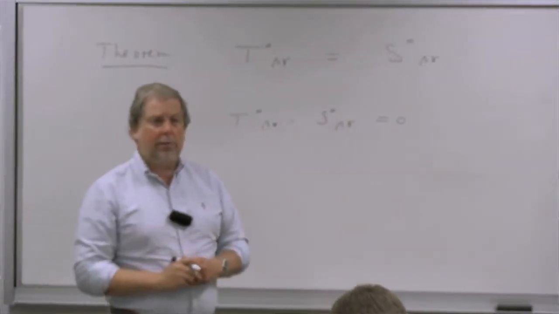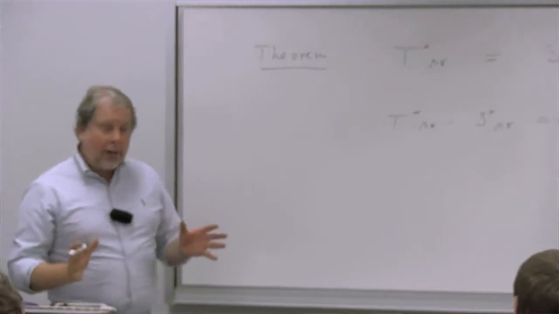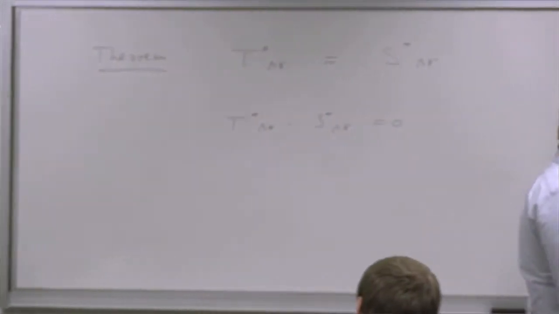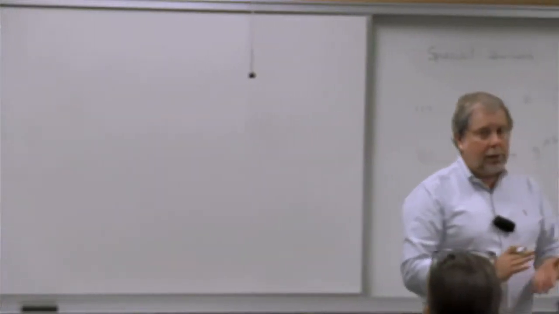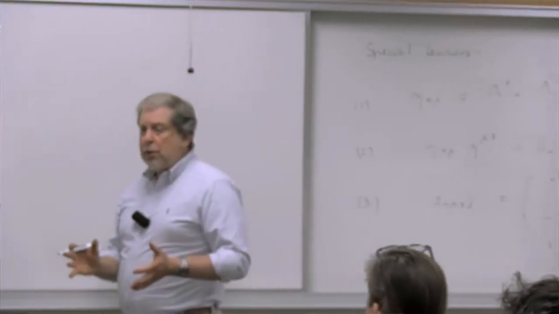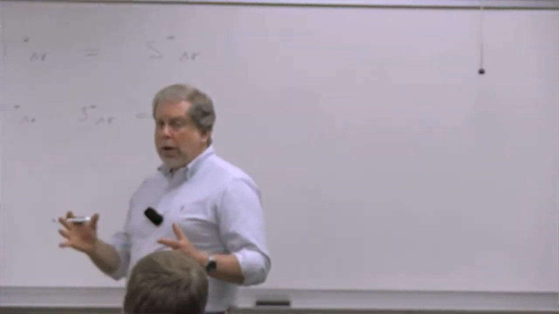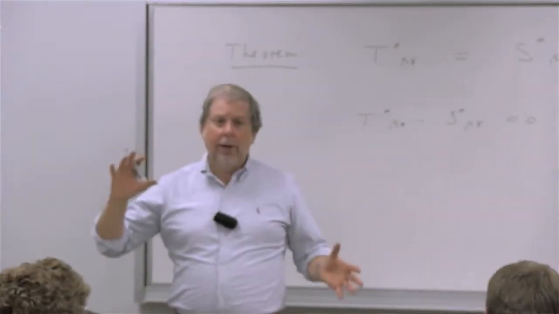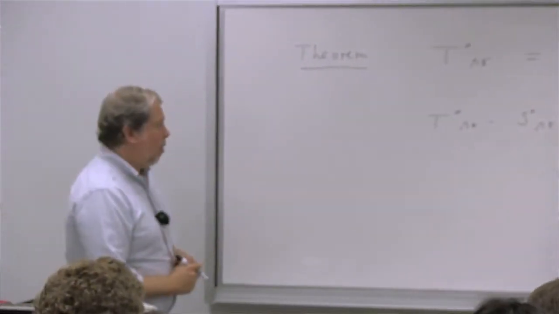And that's the importance of being a tensor. If you're not a tensor, then that's not going to happen. So the central meaning of a 4-vector, 4-tensor, and so forth is that out of those objects, you can construct equations that will be valid in any reference frame, because of the transformation properties of tensors.